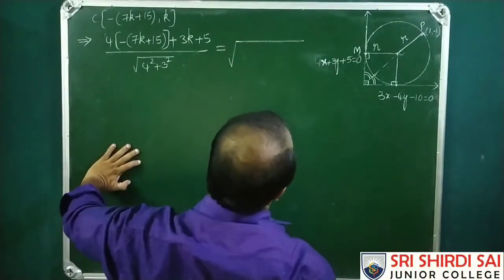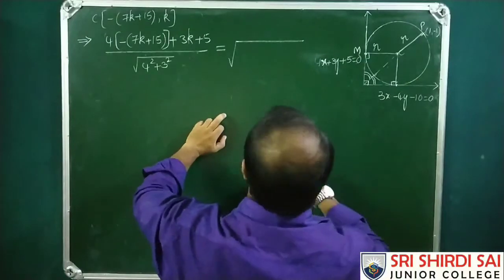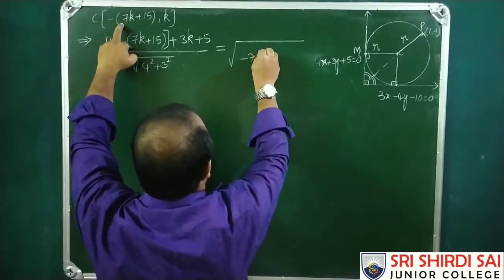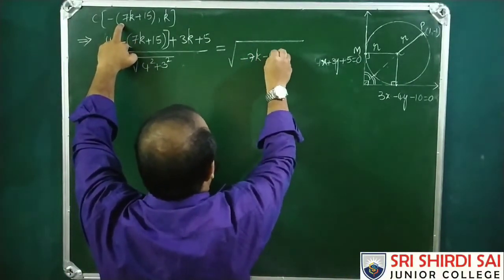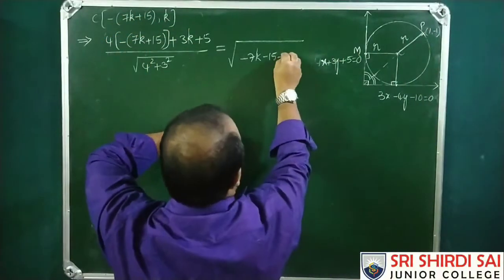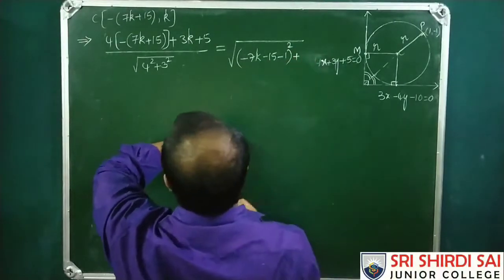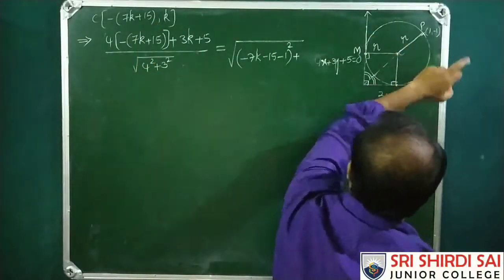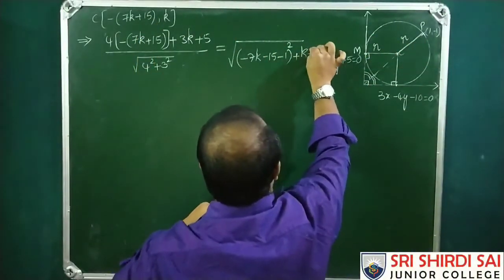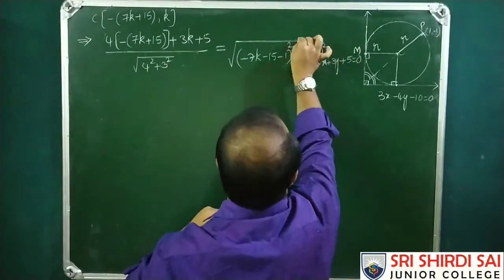square root of minus 7k minus 15 minus 1 whole square plus k minus of minus, so k plus 1 whole square.